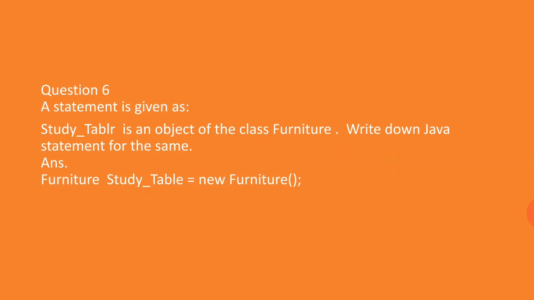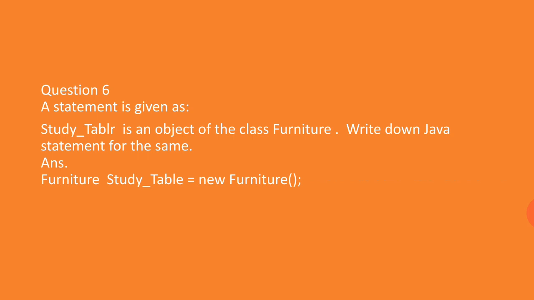Then question number 6, a statement is given as study table is an object of the class furniture. Write down Java statement for the same. So furniture is the class name, so I have written the class name because the syntax of the object creation is first we write the class name, then we write the object name. So first class name is furniture, then object name is study table.